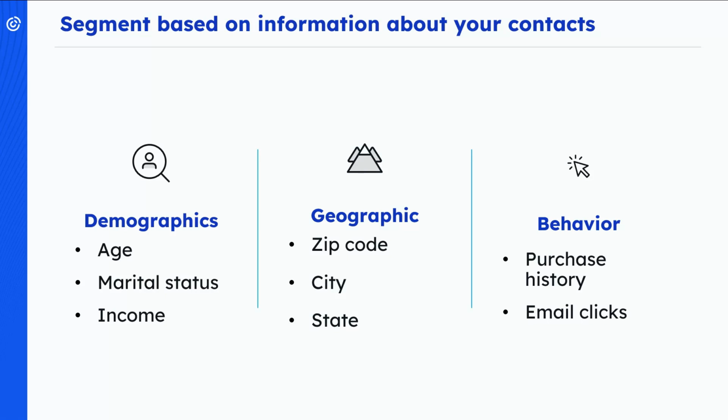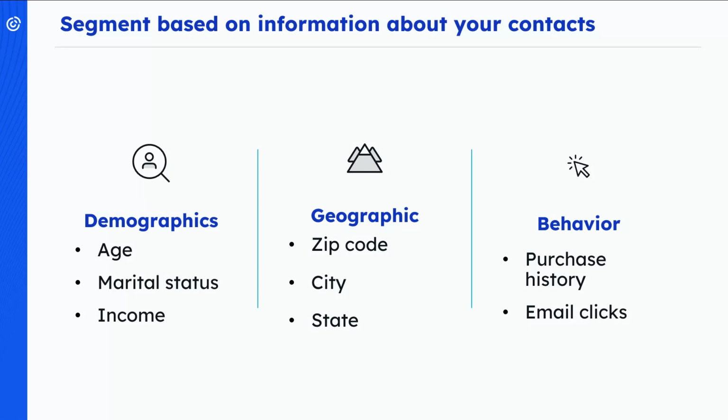So an example here, a cosmetic boutique might send one discount to customers who click on a button in that email to buy makeup, and another discount to those who click on a different button to buy hair care products.